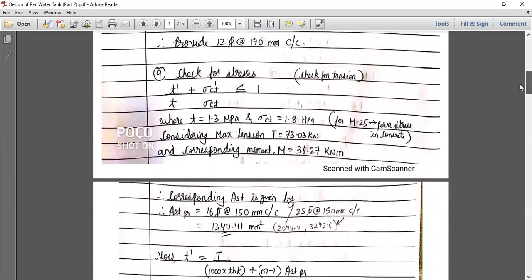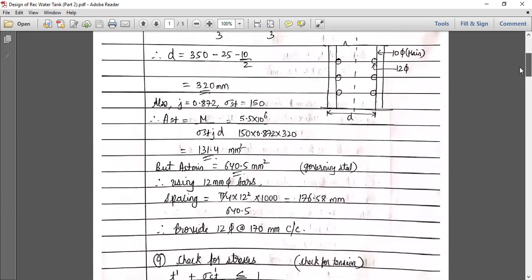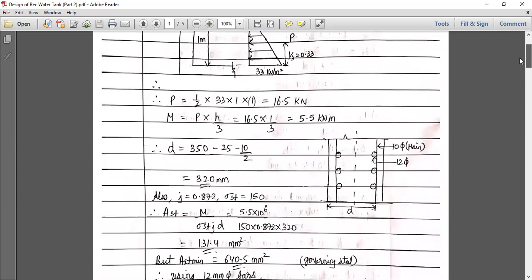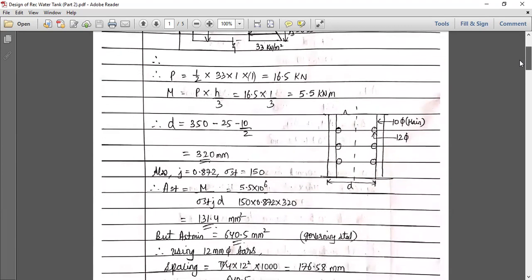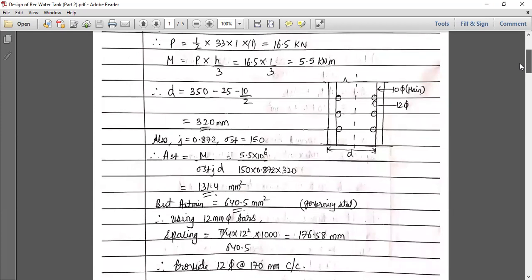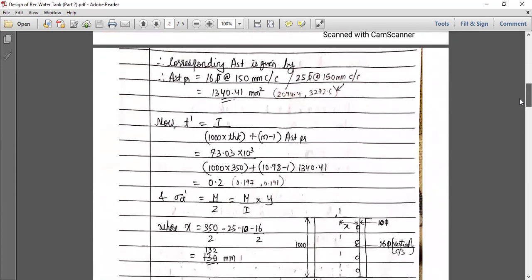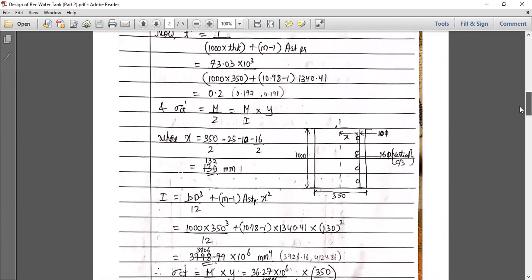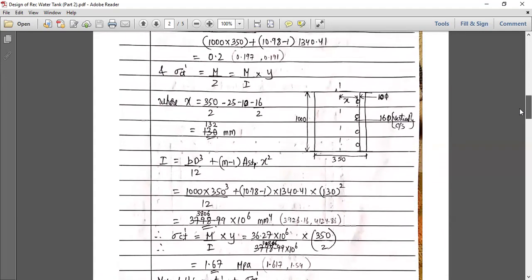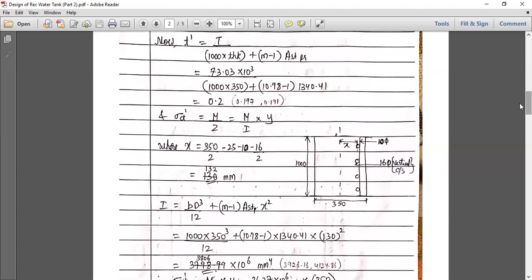Yes, give me the value of X. Okay, so perform this check and let me know whether you're getting it safe or not.